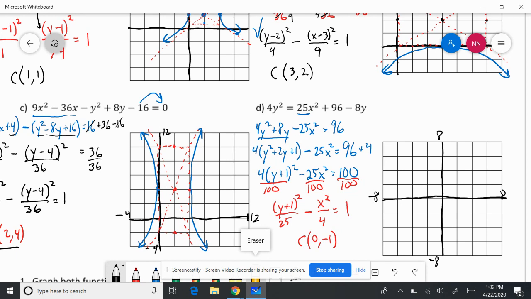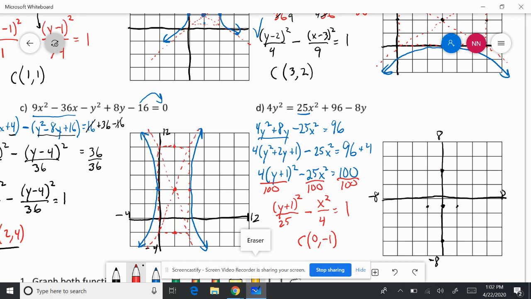And (0, negative 1) would be right here. The square root of 25 is 5. Since it's underneath the y, I'm going to go up 5: 1, 2, 3, 4, 5, and down 5. And then for the x's, the square root of 4 is 2. So I'm going to go over 2 to the left and 2 to the right.